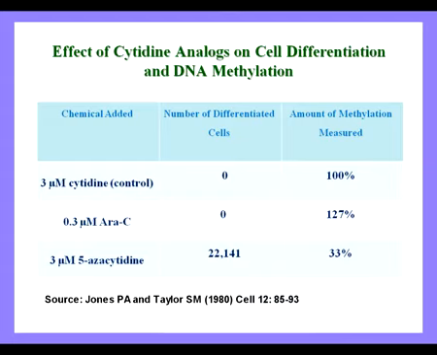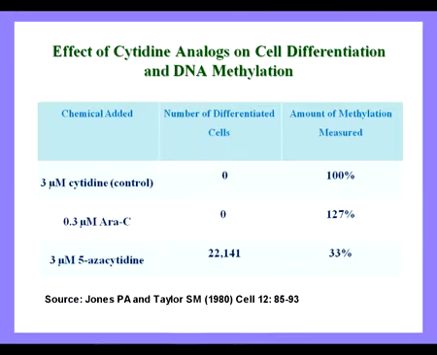Whereas the experiment containing 3 micromolar 5-azacytidine showed remarkably different results compared to the control and the arabinose cytosine. 22,141 cells were found to be differentiating. That means they showed some differences in their morphology, which was taken as the initiation of differentiation. Comparing it with the methylation pattern, only 33% of the CpG islands were methylated. Now it suggests that methylation has a direct correlation with cell differentiation.